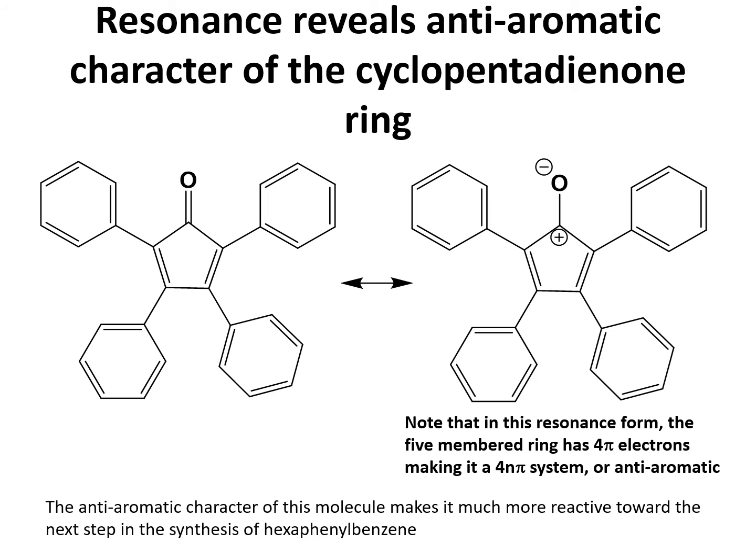In fact, the first resonance for this compound is where the oxygen opens and pulls the pi bonds towards itself, and as a result it creates an electron deficiency within the carbon, which also makes the structure transform to anti-aromatic, because if you count the electrons in the resonance contributor, they do not satisfy the 4n+2 rule, but they do satisfy the 4n pi rule, which means the compound now is anti-aromatic.